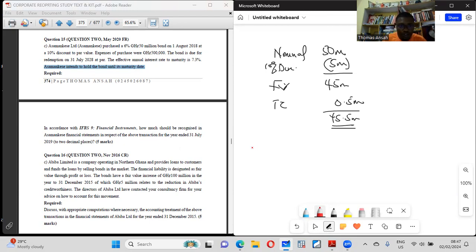So this one, at the end of the 31st July, we will have our balance brought down 45.5 million. Interest income, finance gain, what will it be? 7.3%. So 45.5 multiplied by 0.073.